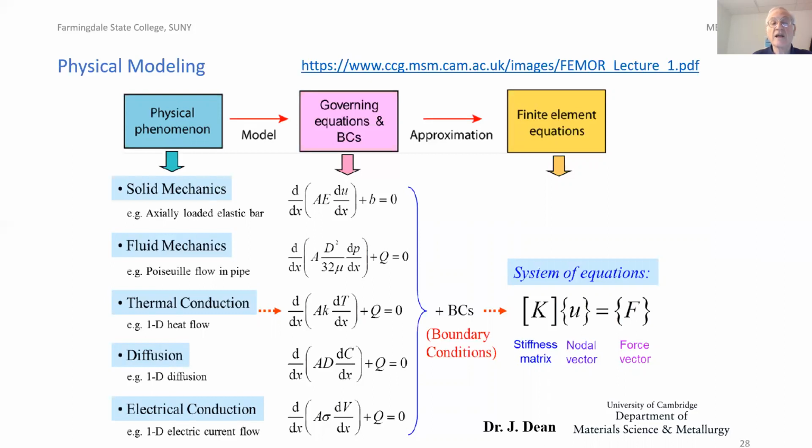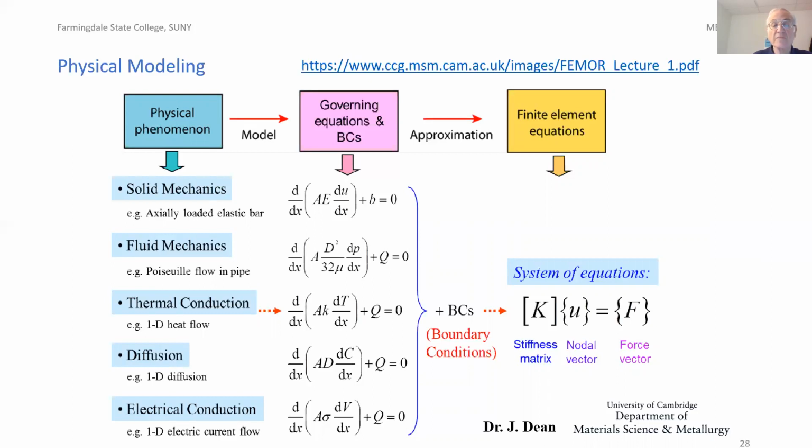Over here in fluid dynamics, we have fluid flows and pressures. We have thermal conduction, with temperatures and heat flux; diffusion, with Coulomb and charges; and electrical conduction, with voltage and currents.